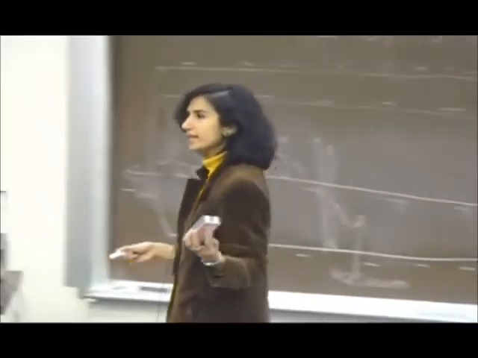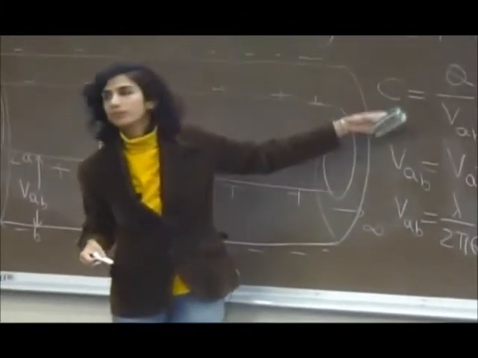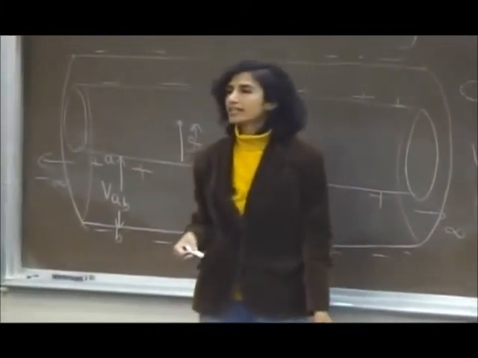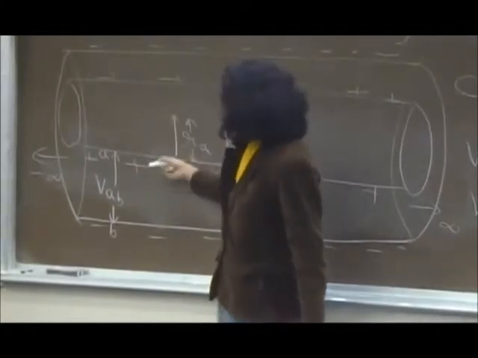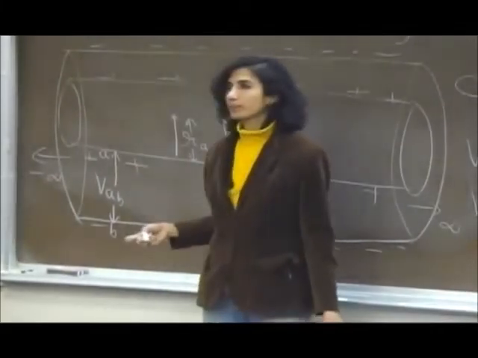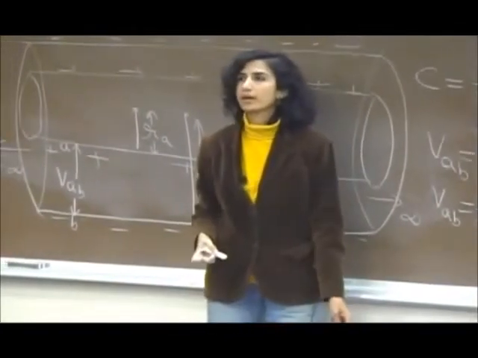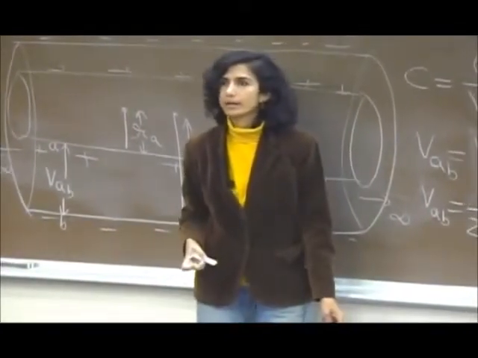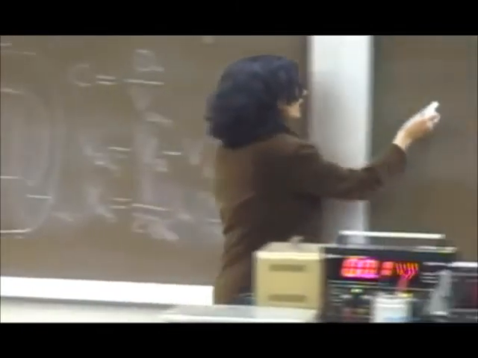Is that making sense? So looking at this, can anybody tell me what is C now? What is the capacitance of this cylindrical capacitor with radii RA and RB? Remember, capacitance will be charge per unit voltage. Go ahead folks, help me out.